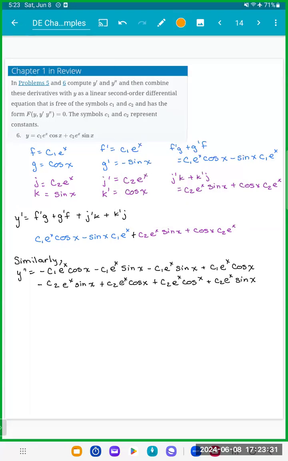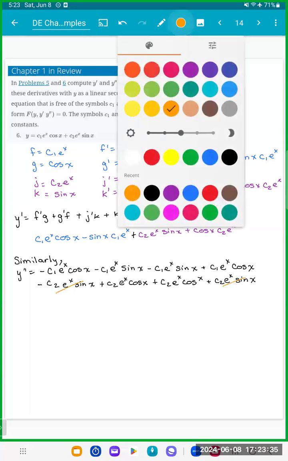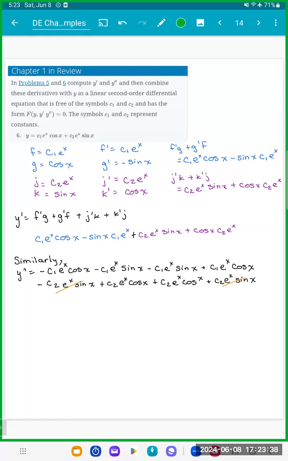So we have a negative and a positive, so those two will cancel out with each other. And then we also have the negative and the positive here, which cancel out with each other. And so we are left with negative 2c1 e to the x sine of x plus 2c2 e to the x cosine of x.